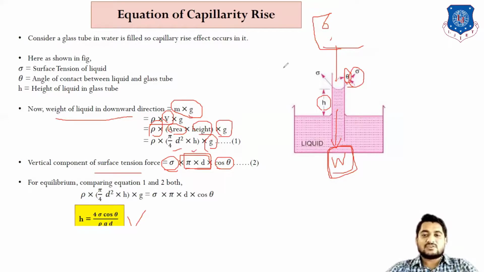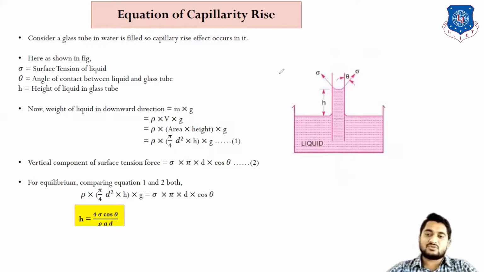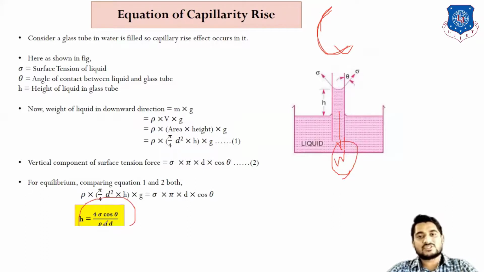Dear students, remember this. First you have to draw the sketch, then draw the component in the vertical direction, sigma cos theta, then for balancing, the downward side W. You have to balance the surface tension force and the W force. So you will get h is equal to 4 sigma cos theta divided by rho g d. In this equation, sigma is surface tension, theta is the angle between surface tension and the glass tube, rho is the density of the fluid.